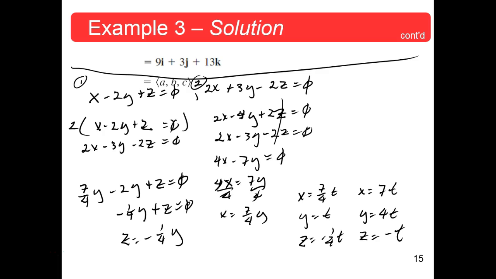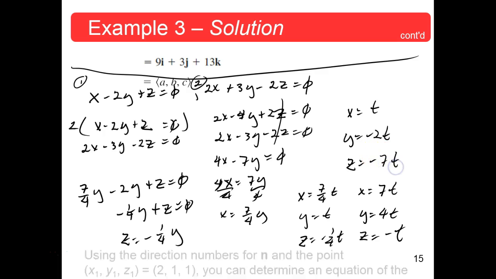Okay, that's not quite what they got. But let's see if we're way off. If you subtract 6t from each of the ones that I did, that would give you x equal t, y is equal to minus 2t, and z is equal to minus... Okay?